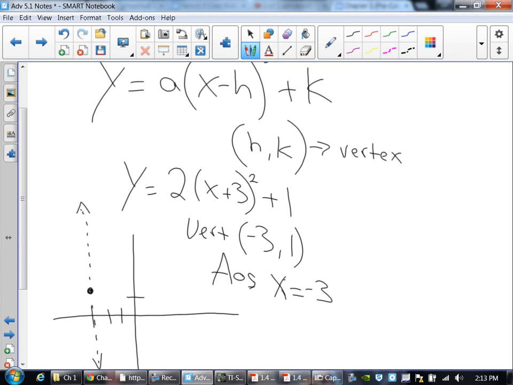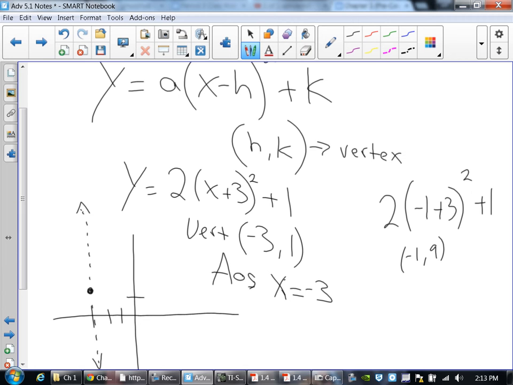What do you want to use? Negative 1? Okay. If I use negative 1, what's negative 1 plus 3? What's 2 squared? What's 4 times 2? What's 8 plus 1? 9. So I know that at negative 1, the other ordered pair would be at 9.